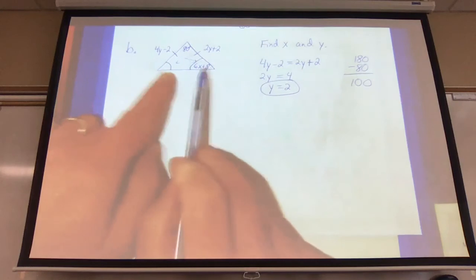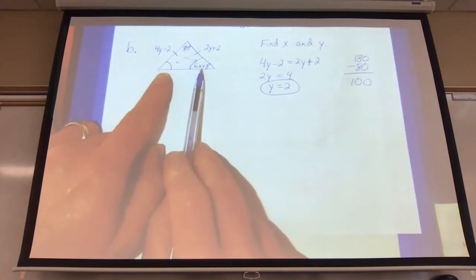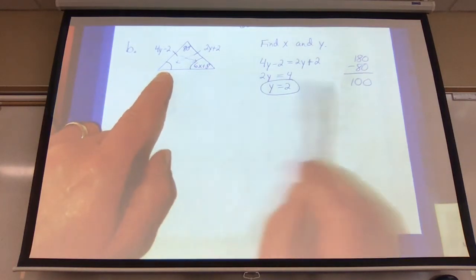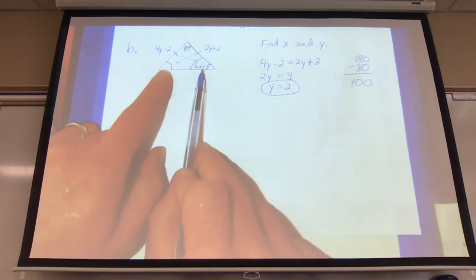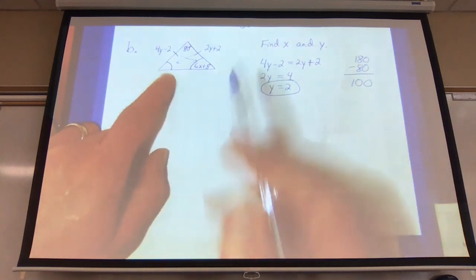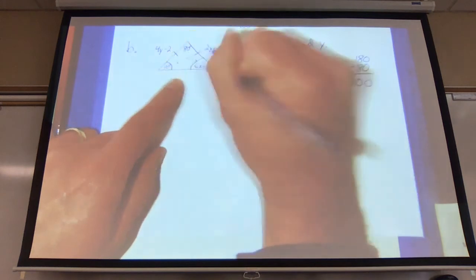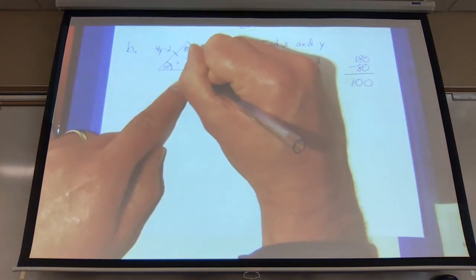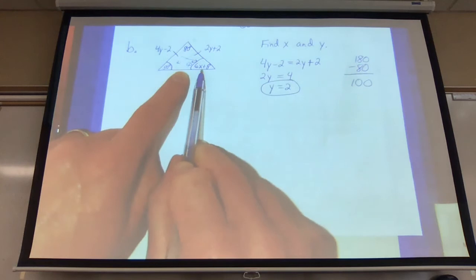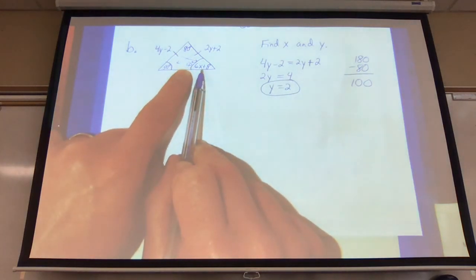And then there's a couple of different ways we can go about it here. I'll do it this way. If these two angles are both the same and they add up to 100, what does each angle have to be? It's got to be 50 degrees. So 50 degrees here, 50 degrees here. So the 6x plus 8 is going to be a 50-degree angle.